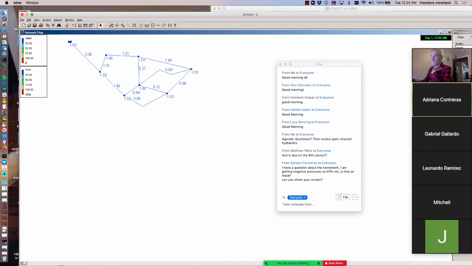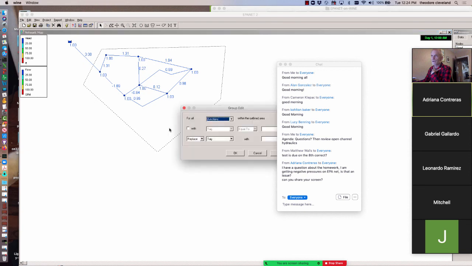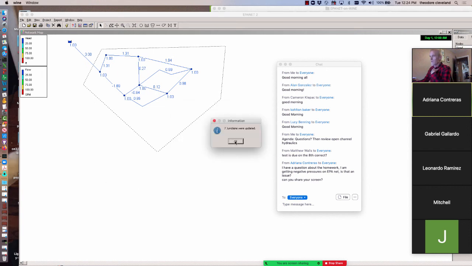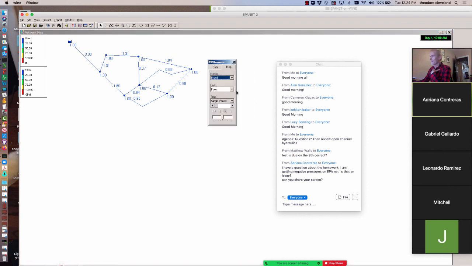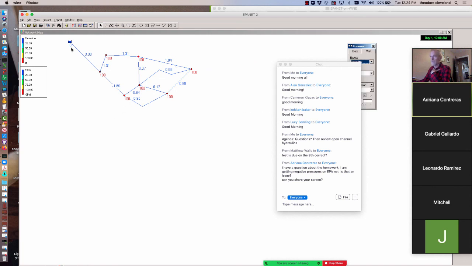Let's say these are supposed to have elevation of 100. We use group editing. I will put the elevation with 100, choose okay, and now everything has elevation of 100. We can check that with this browser, and it's reporting 100 elevation.